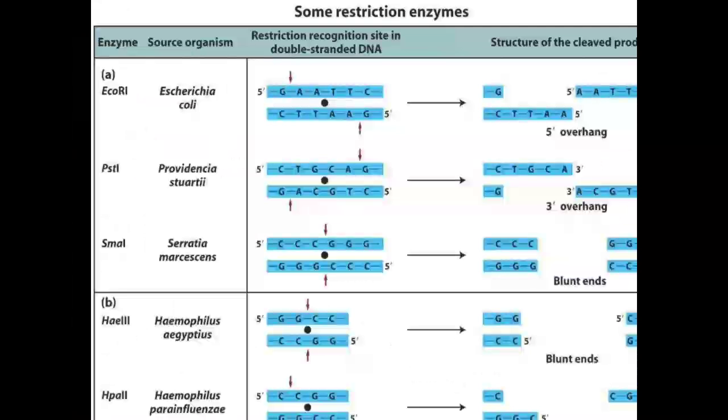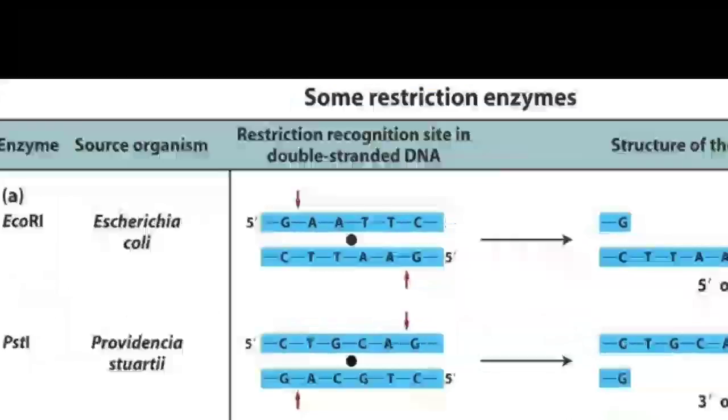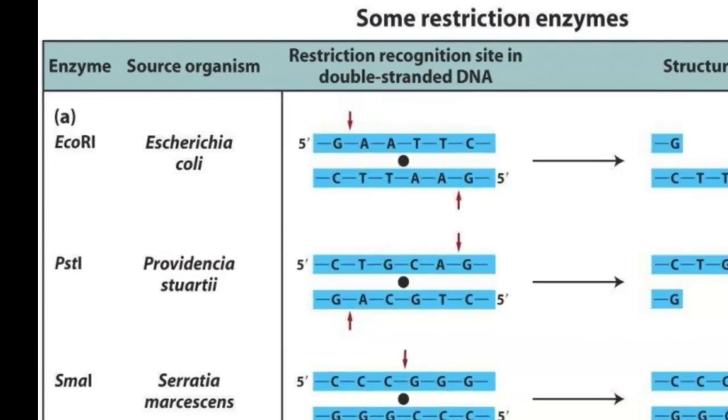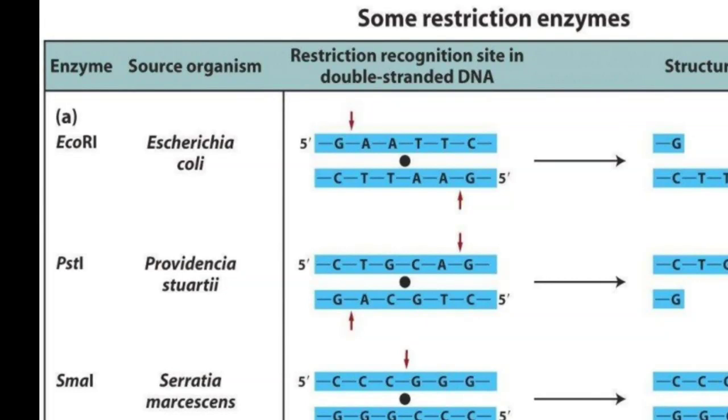Some restriction enzymes are here. Number one is the enzyme EcoRI, and the source organism, the organism from which it is extracted, is Escherichia coli, E. coli.